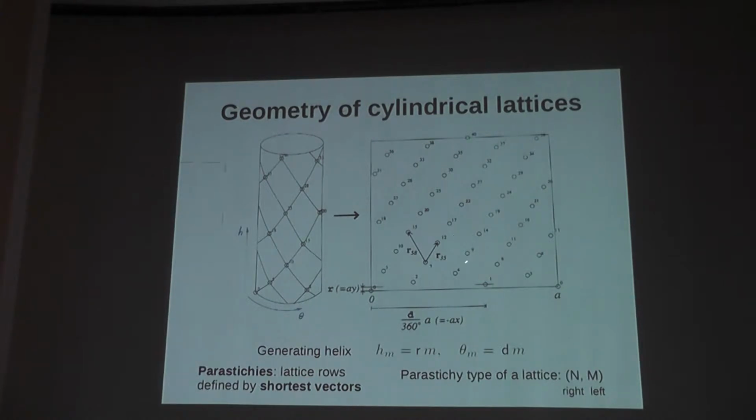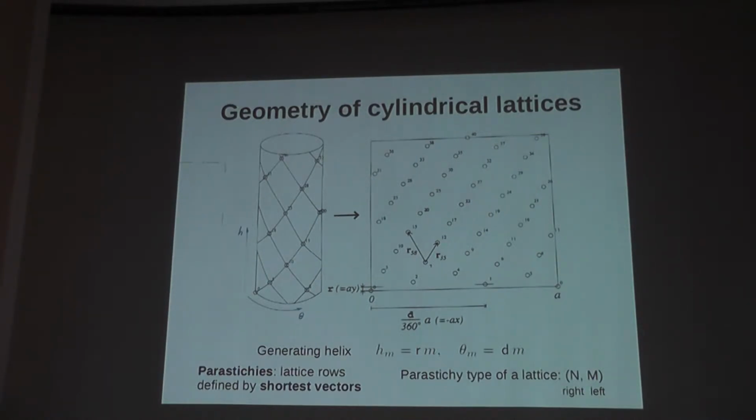I take a point and look at its nearest neighbors, and draw lines through nearest neighbors, and they define rows. When you wrap it on a cylinder, these rows become spirals, and you can count how many rows go this way and how many go that way, and that's the number of spirals.